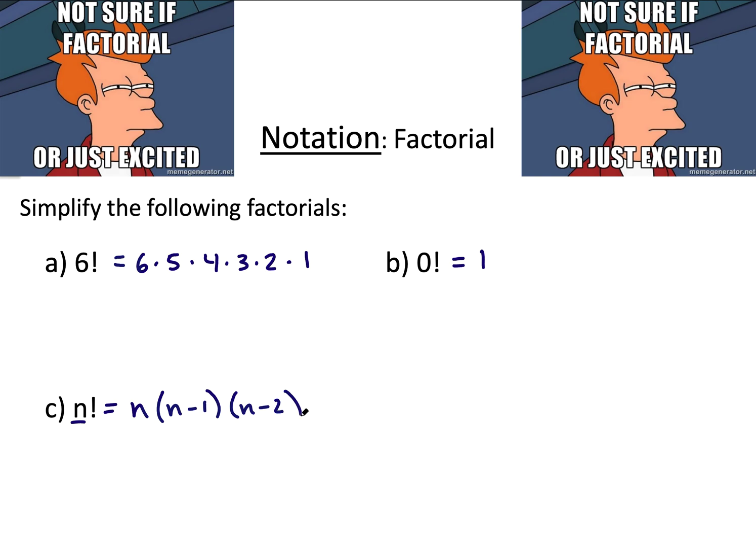It's going to be all the nice numbers, the integers before n, and you would multiply all the way down. And you could say dot, dot, dot, because you don't know how far it is. n could be something really big, like 1,000. Then it would come down to 4 times 3 times 2 times 1 at the end. So it's helpful to know that n factorial is just saying take n and multiply it by all the nice numbers before it.